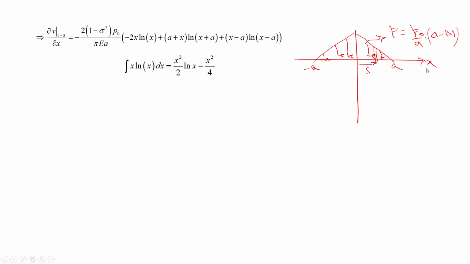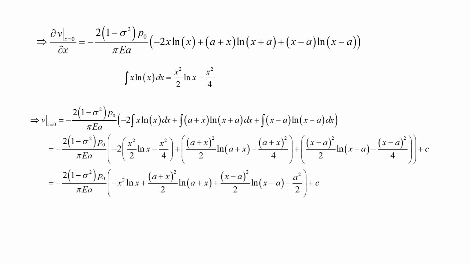We used all that, the detailed derivation I had done, and now we will derive what V is here, and for that we will use this particular integration result.